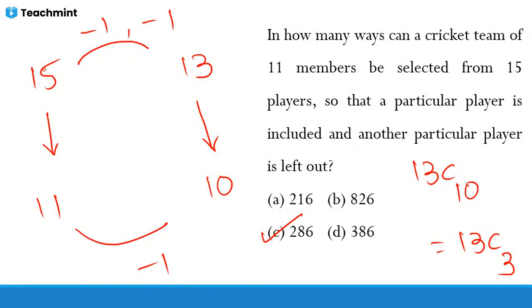See, among 15 people, 2 people you decided. One to be selected, one to be rejected. Now we have only 13 people. Initially you had to select 11. One person you already selected. Now 10 people only you have to select. Among 13 you need to select 10. You have 15 persons. For example, A is removed. You don't want A. Okay, A removed.